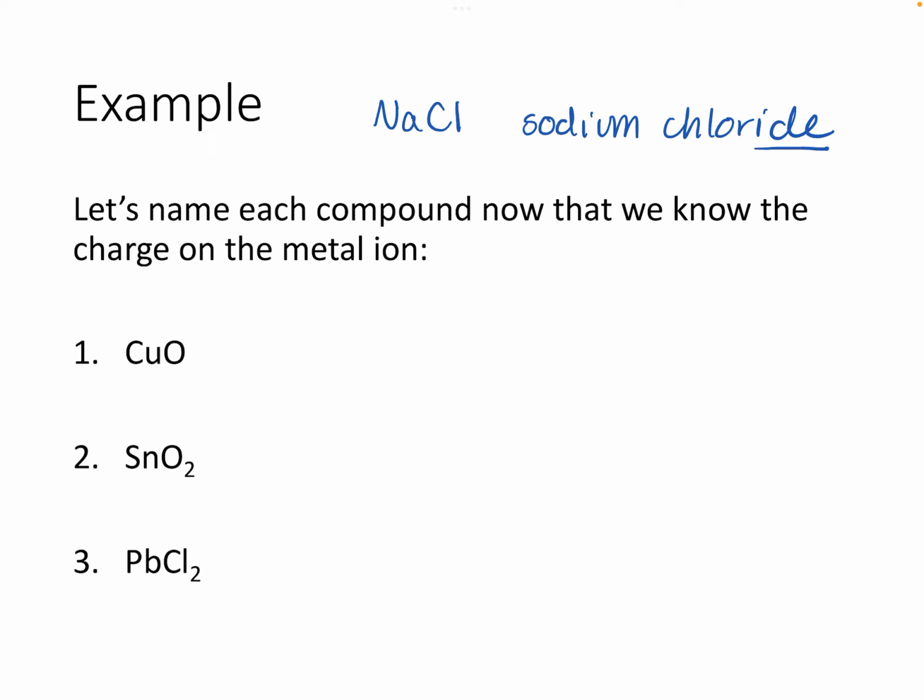So we might think that the first one would be copper oxide. However, remember, copper could have a different charge depending on what it's bonded to. So we actually have to indicate what the charge is on copper. So we said that the charge was +2. So what we're going to do is after copper, in parentheses, we're going to put a Roman numeral 2.